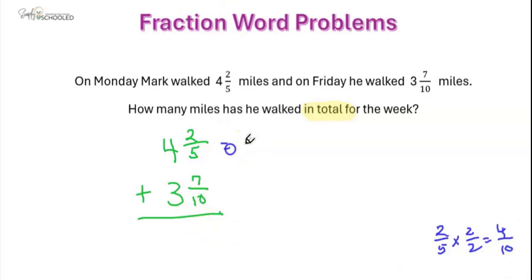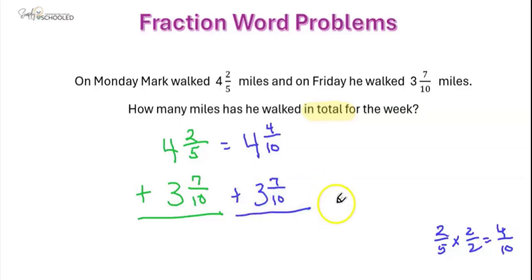Now I can rewrite this as 4 4/10 plus 3 7/10. Just the way we add whole numbers, we start on the far right, and we're going to add 4/10 and 7/10. We keep the denominator the same, add the numerators, so we get 11/10. 4 plus 3 is 7.